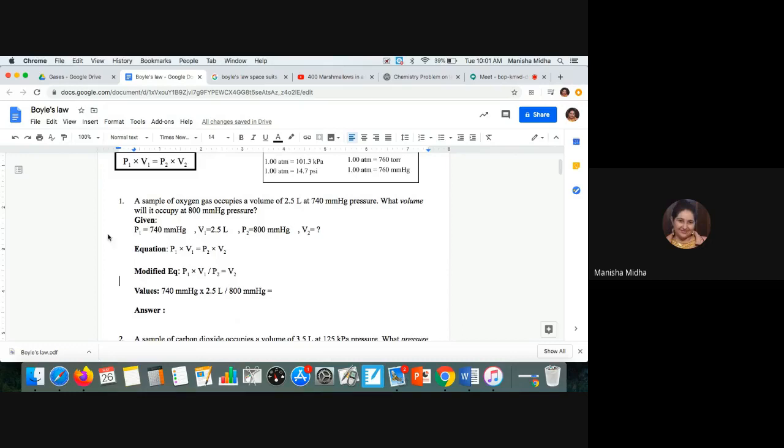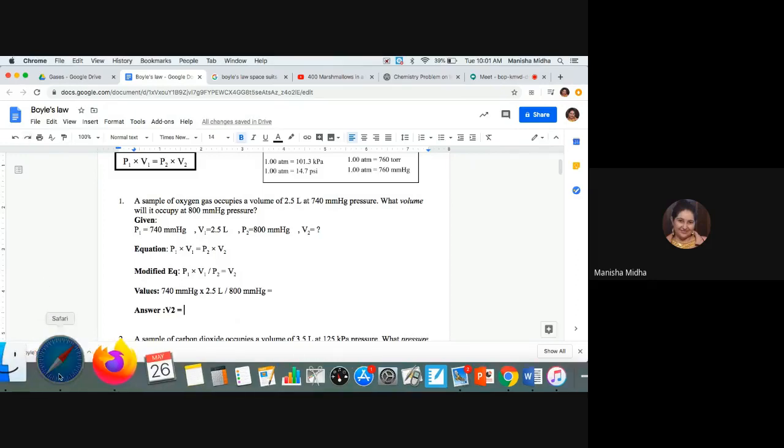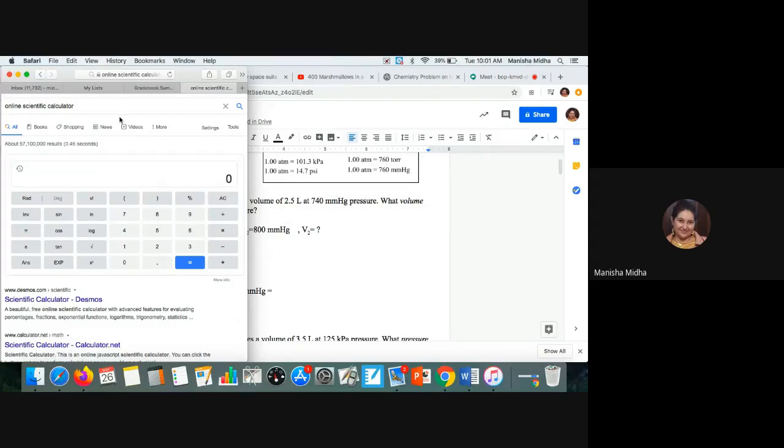We have already done that part of the work in the given part of the process. So you just plug in these values in the calculator and make sure you write your final answer. Since we are looking for V2, V2 will be equal to, I'll show you on our calculator over here.